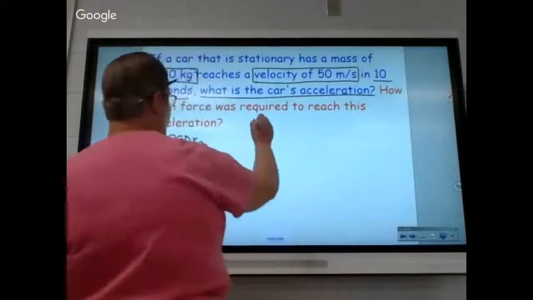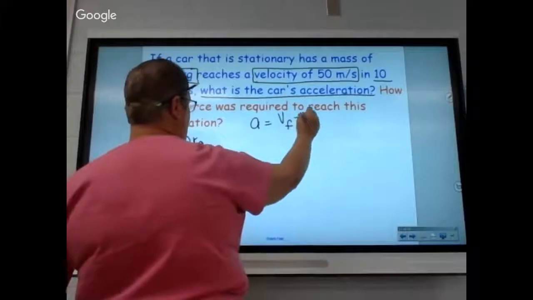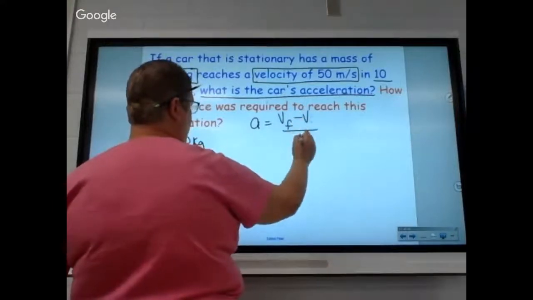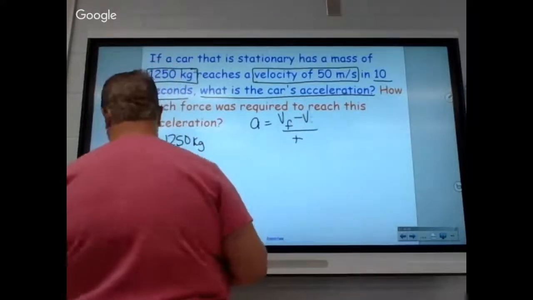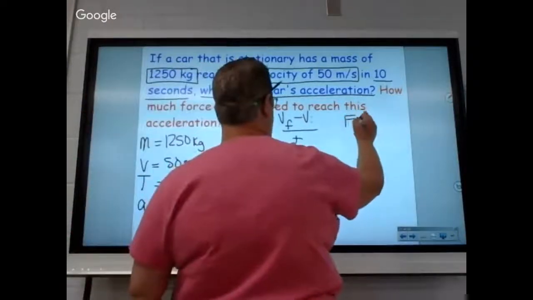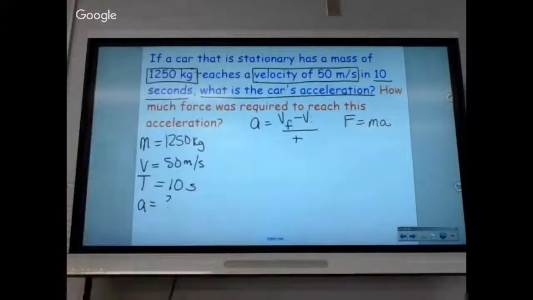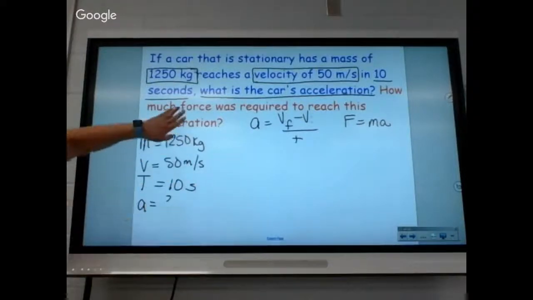A equals the one with VI. And what's the other one we've learned? F equals MA. I call it FMA. So we've got FMA and A equals VF minus VI over T. Now, look at your information that you have here.